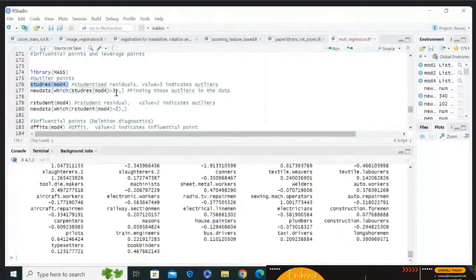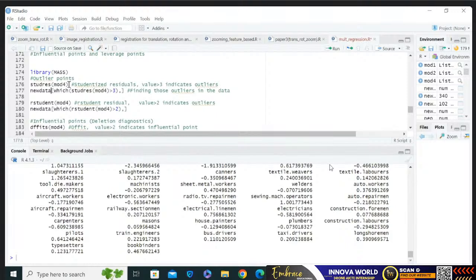But as we can see, I have given a condition here: find those rows where the studentized residual is greater than 3. In the new data set, I have put the condition in the rows section and left the column section as it is. That means I want all the columns for those rows for which the studentized residual of model 4 is greater than 3.